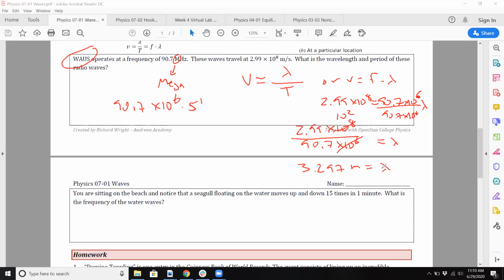And then get the period. You do 2.99 times 10 to the 8th equals 3.297 over capital T. You'll have to do a little maneuvering.